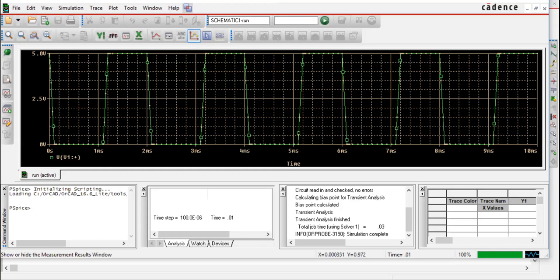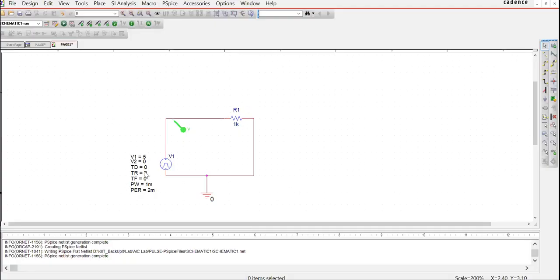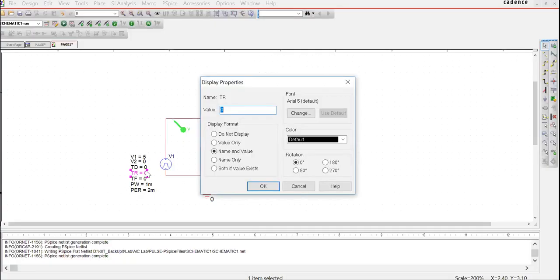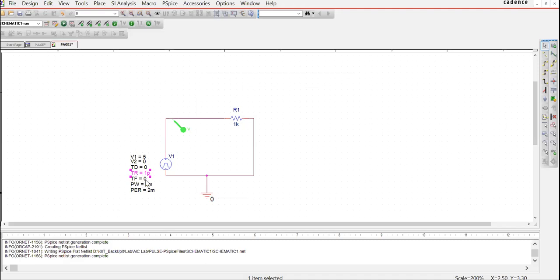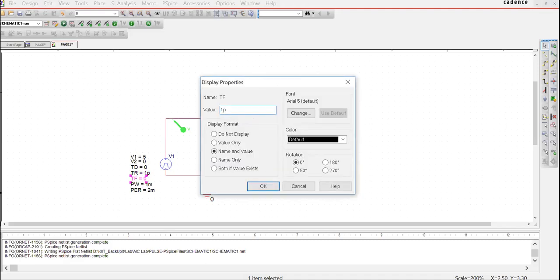Now to get the exact pulse, let's make the rise time some picoseconds. Let's say 1 picosecond, and the fall time also 1 picosecond.